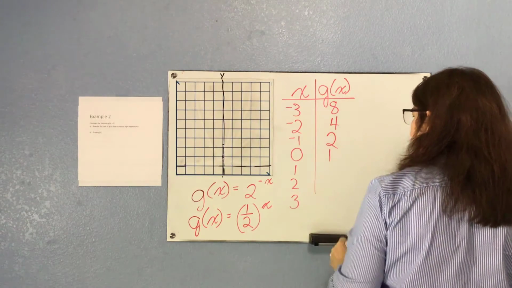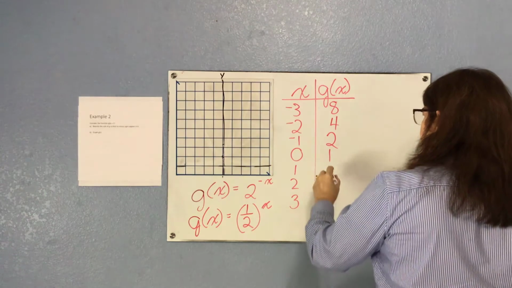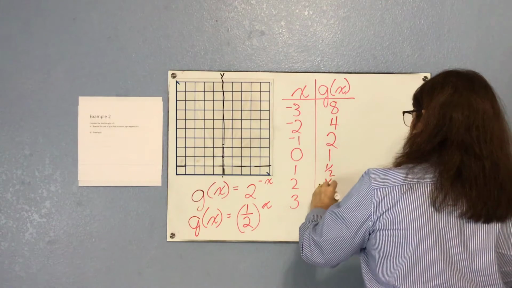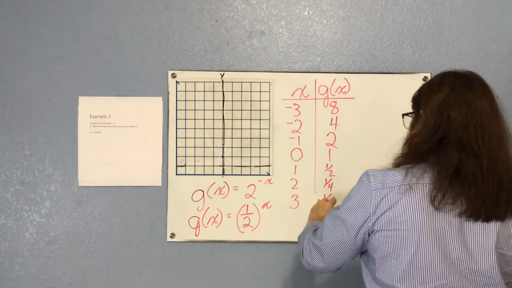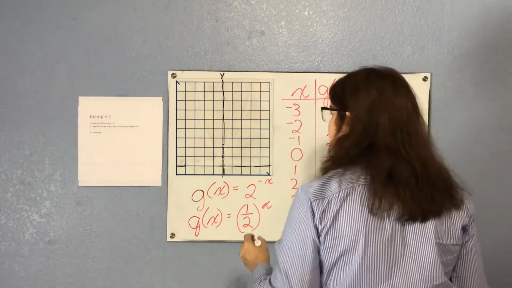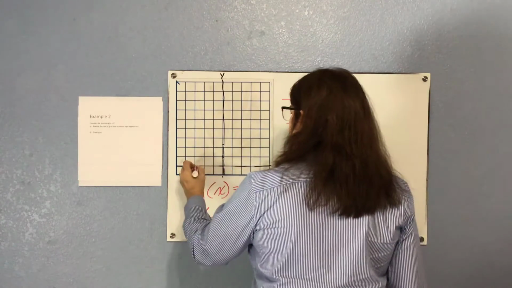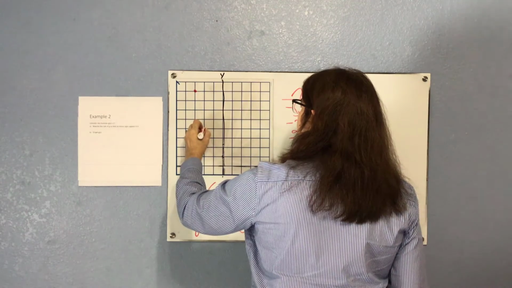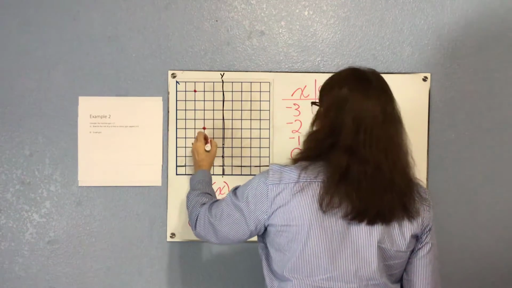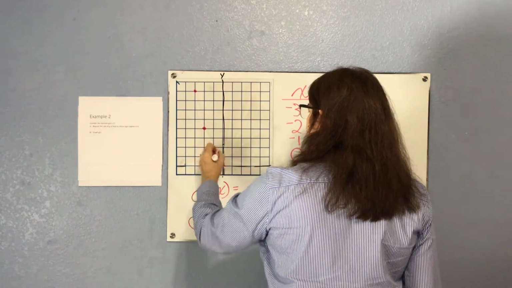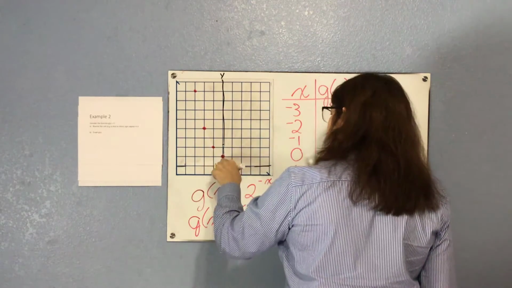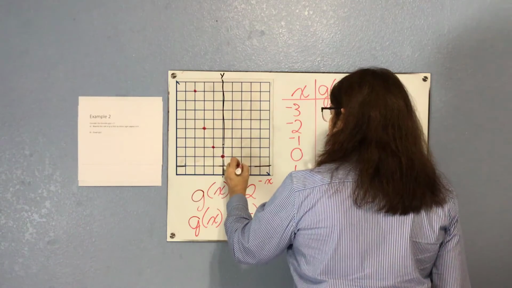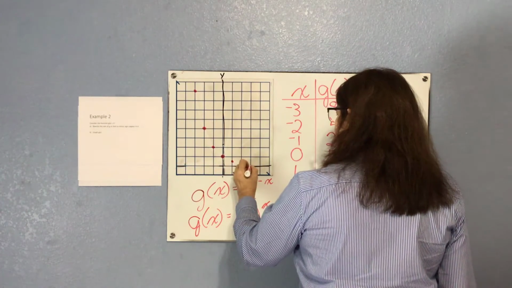And then 1. And then here I'm going to have 1/2, 1/4, and 1/8. So when I graph this, at -3, I'm at 8, and then 4, 2, 1. I'm still going through that point. And then 1/2, 1/4, and 1/8.